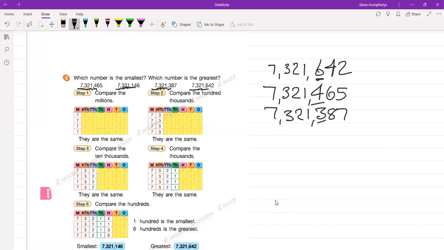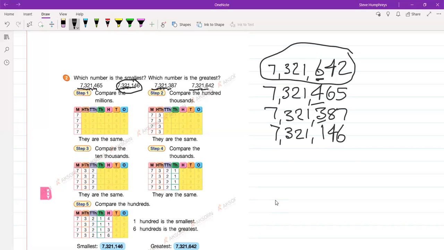And the smallest number will be this one here, 7,321,146. So this is your greatest number, and this is the smallest number. All these first 4 digits were all the same.